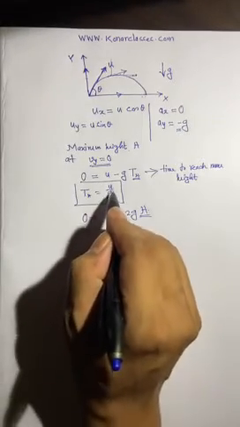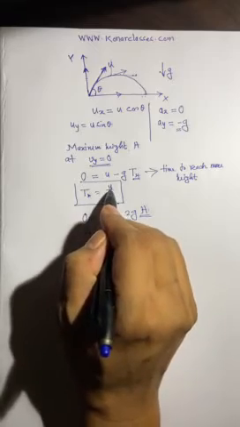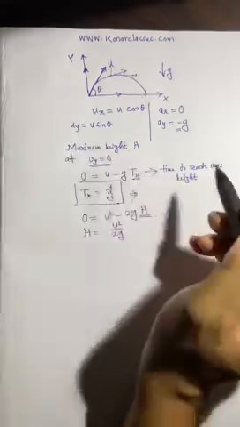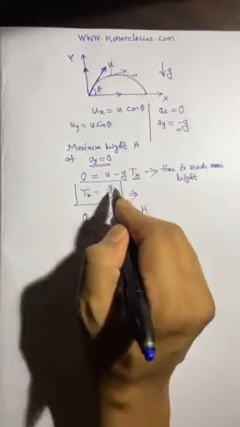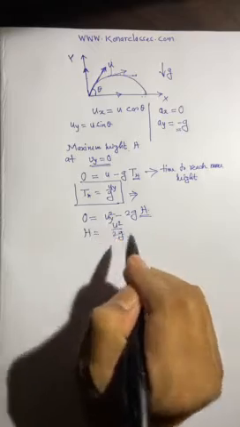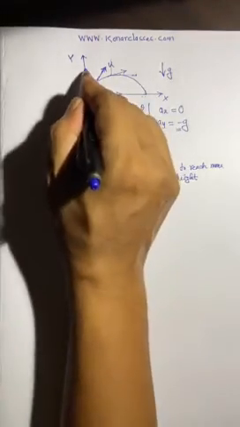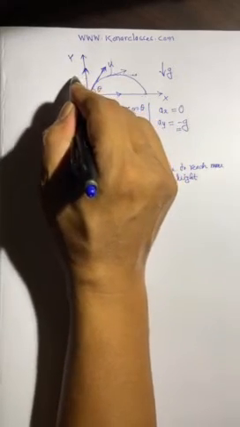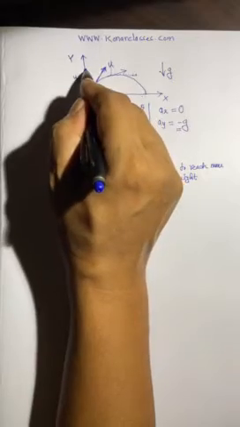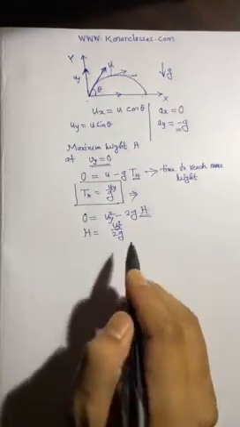Now remember one thing: this u is actually the component of velocity along the y-axis, uy, because the y component helps the particle to reach maximum height.